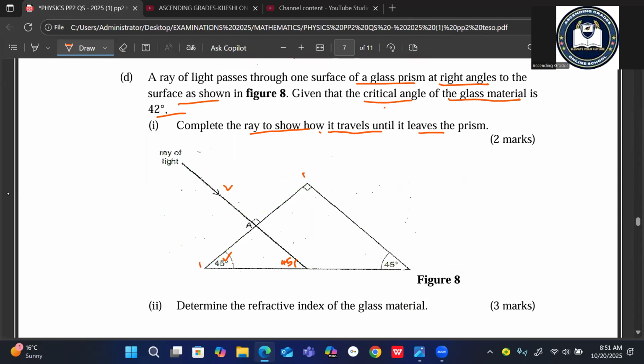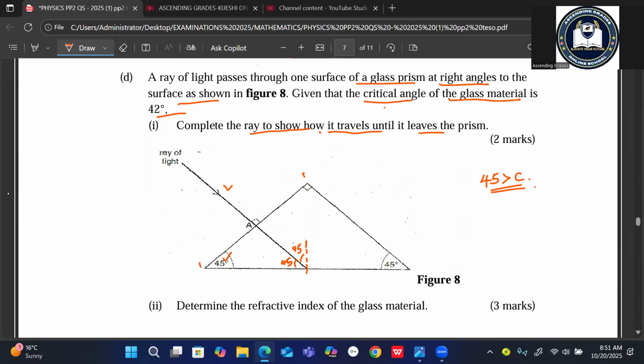If I draw my normal like this, it is going to give me my incident angle here to be also 45. Then 45 is greater than the critical angle, meaning that total internal reflection will occur.